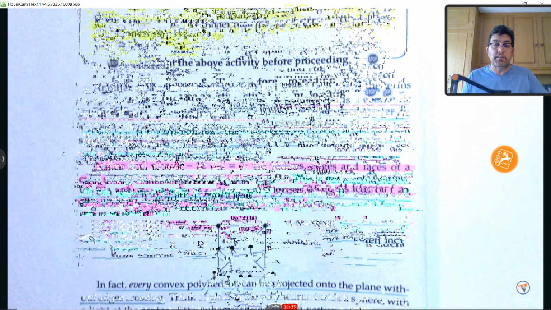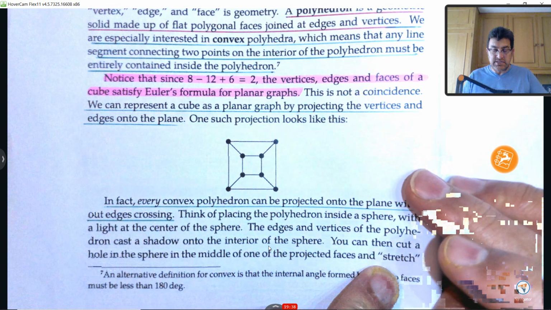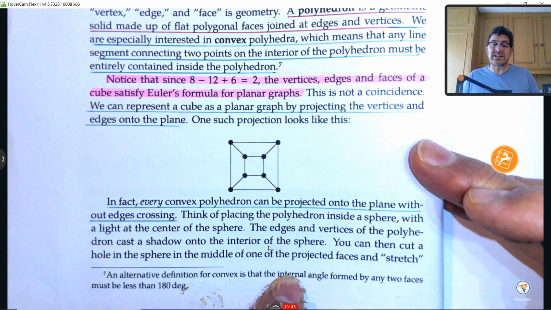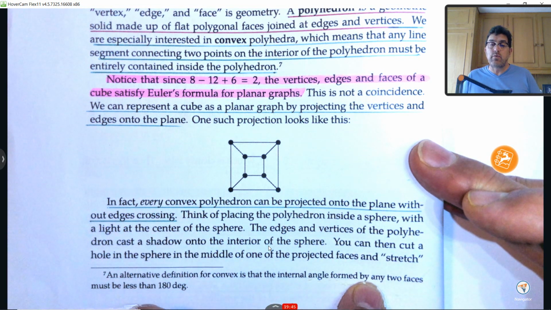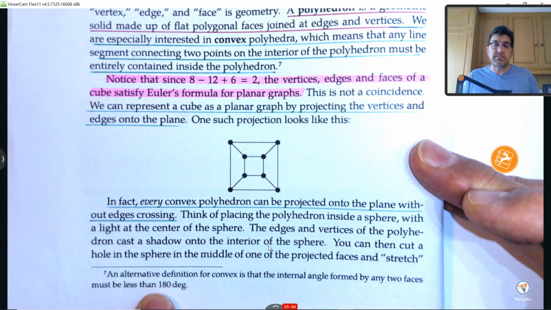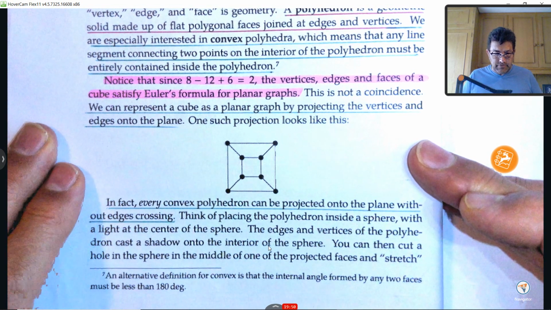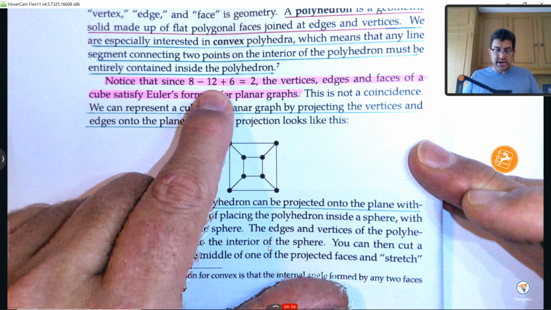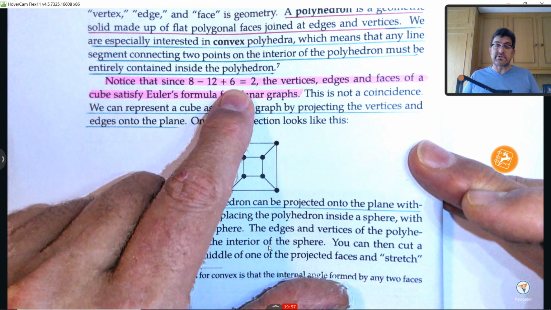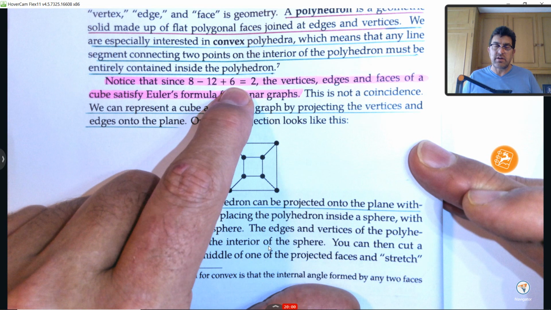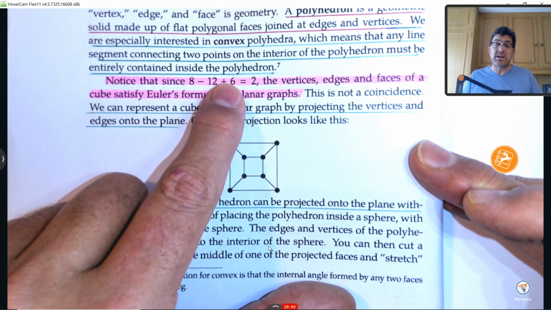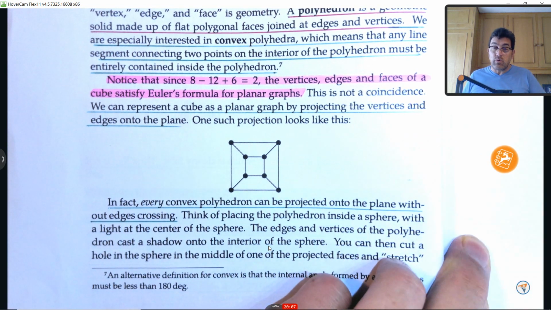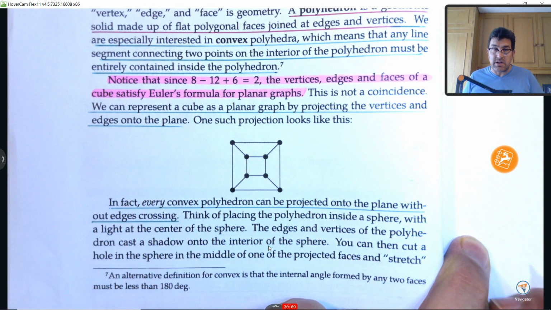There's a little footnote at the bottom of our page. It says an alternative definition for convex is that the internal angle formed by any 2 faces must be less than 180 degrees. Now folks, notice here, we have 8 vertices, 12 edges, and 6 faces, or 6 regions in the polyhedron. If we apply Euler's formula, it still applies. Euler's formula applies to the polyhedron.